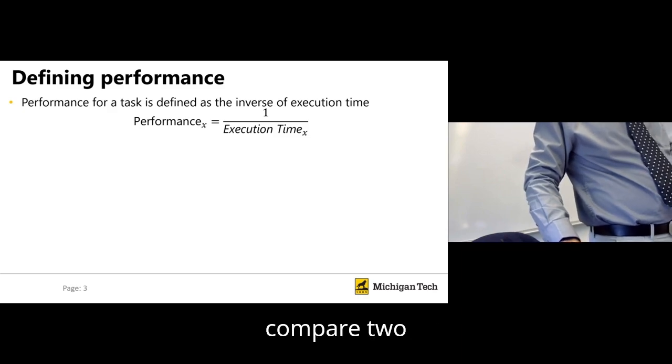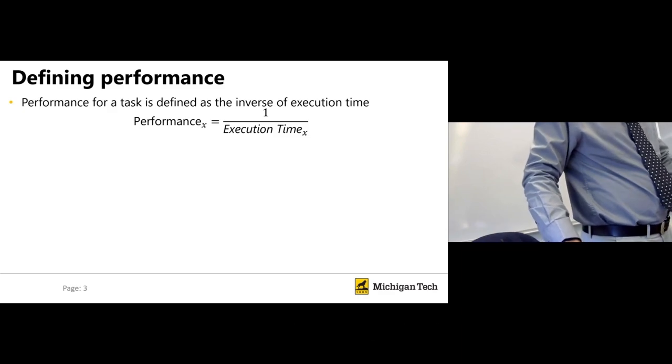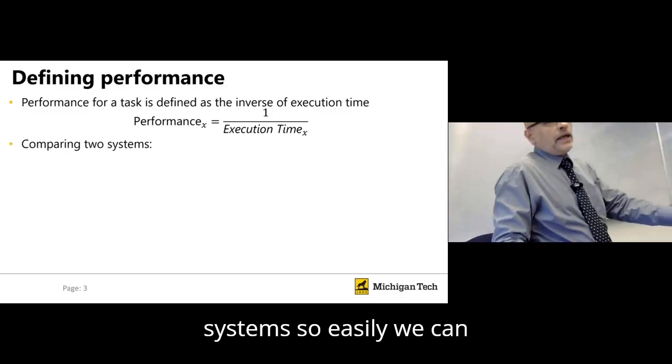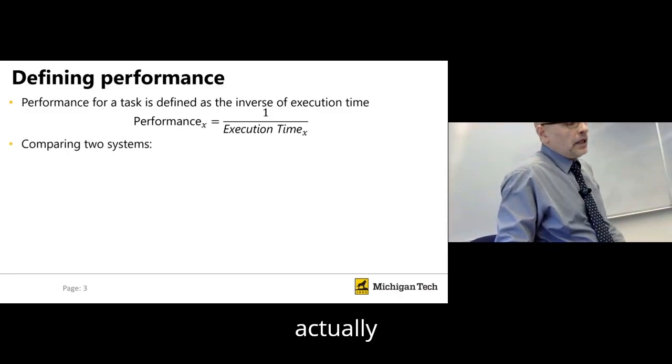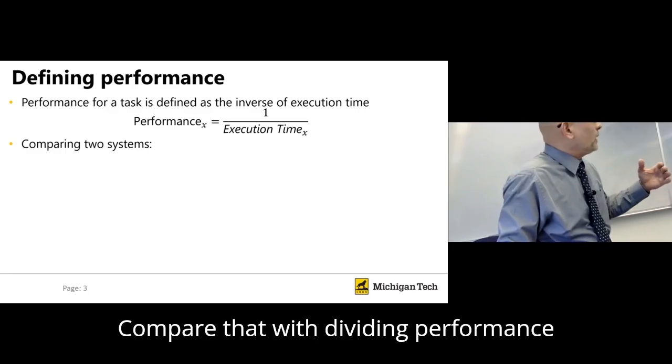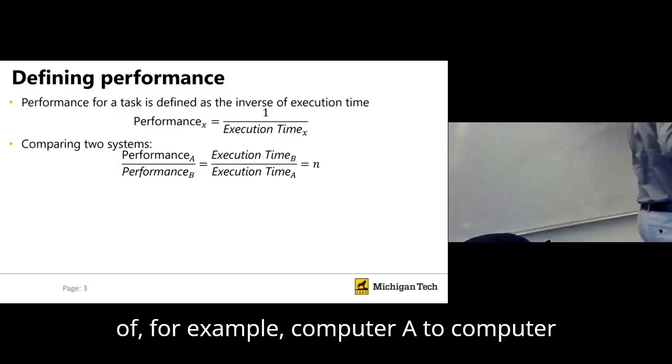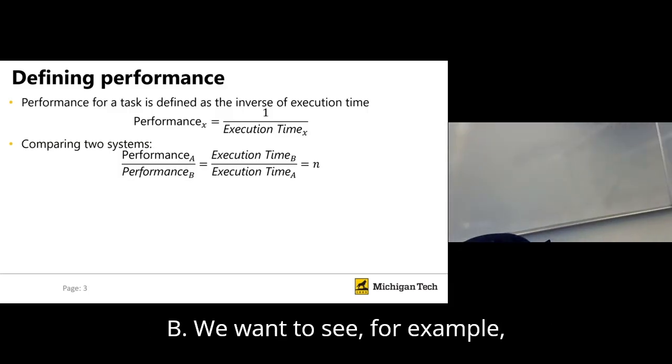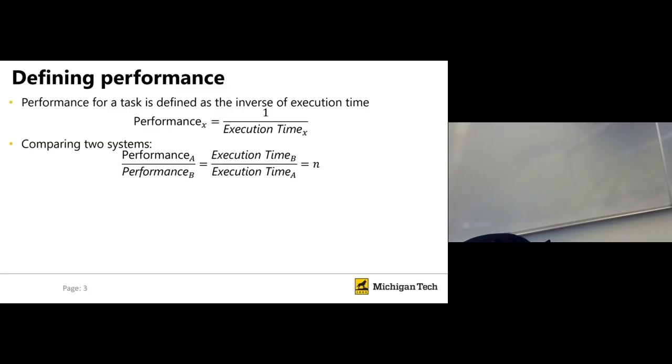And how can we compare two systems? Easily, we can compare them by dividing the performance of, for example, computer A by computer B. We want to see, for example, how much faster computer A is.